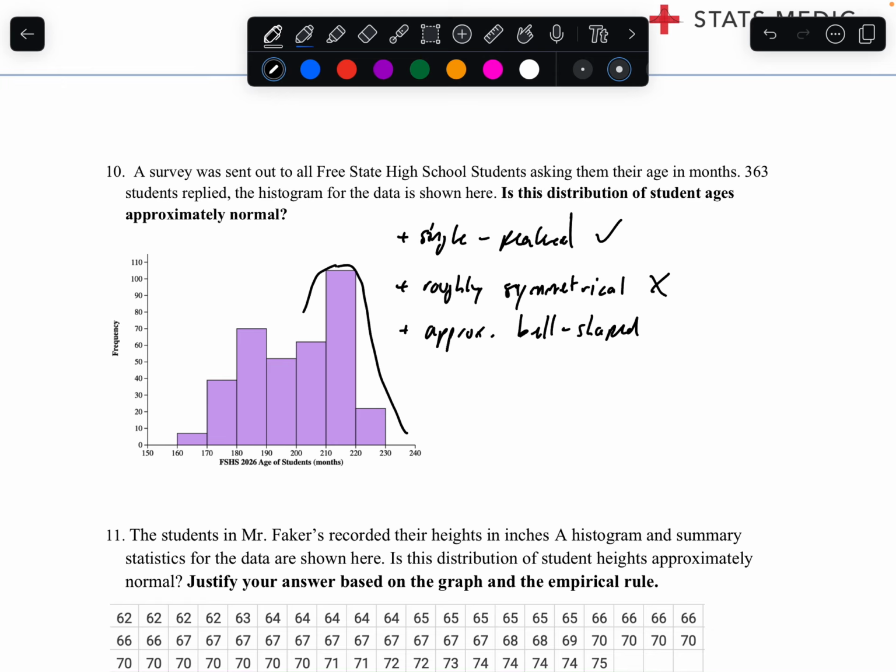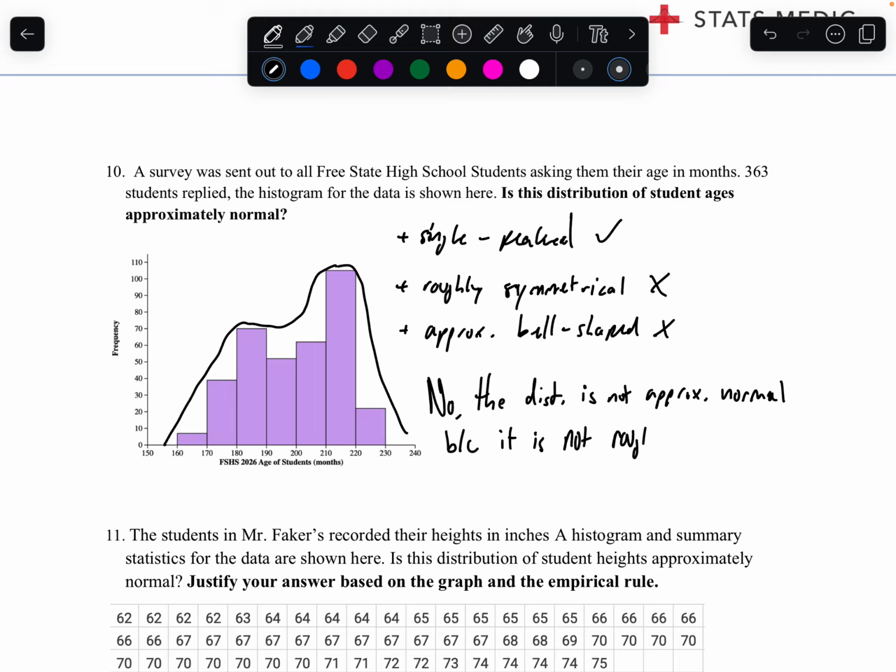Like, this is not really going to look like a bell at all, so no. So as I know, the distribution is not approximately normal, because it is not roughly symmetrical or bell-shaped. So we wouldn't bother doing the math test on this.